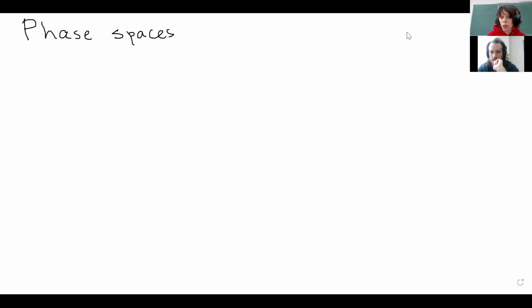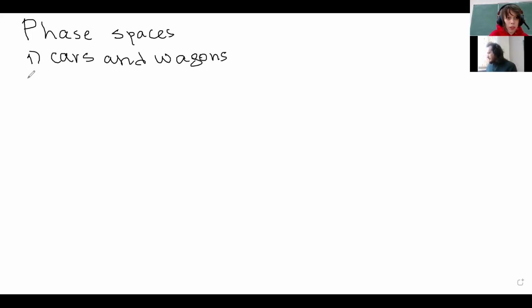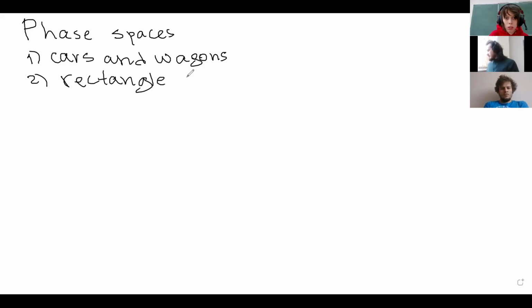For today, we have 3 points to discuss. The first one is a problem about cars and wagons. Second one is about a rectangle inscribed in a curve.